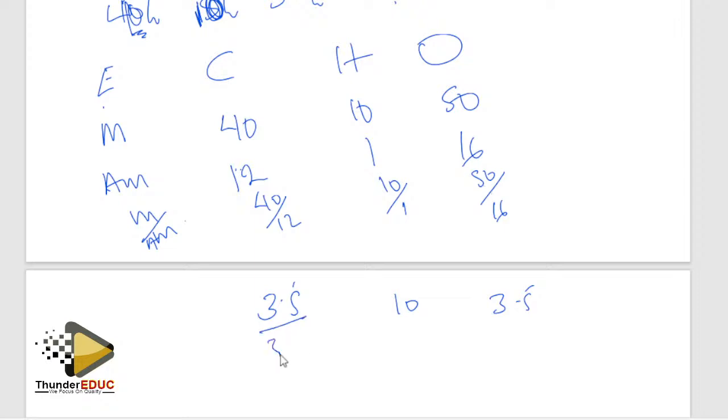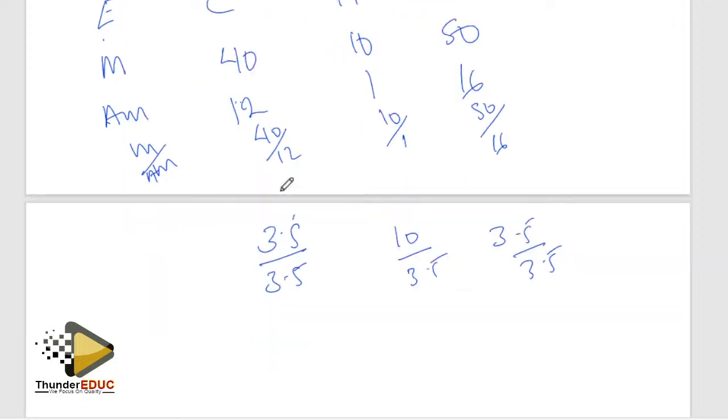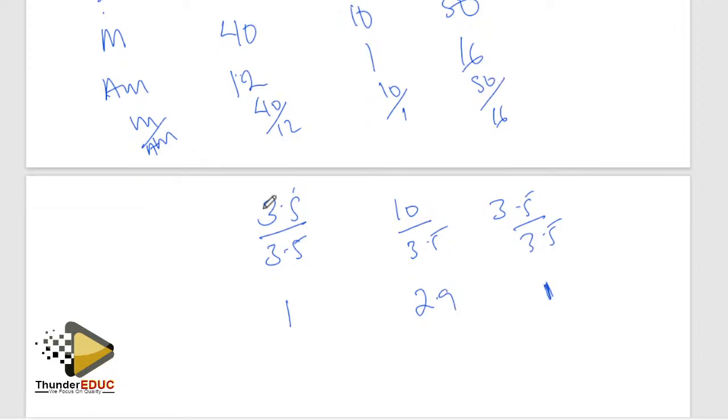So you divide by the smallest, 3.5. Here you get 1. Here you're going to get maybe 2.9 or 2.8, whatever, and here it's going to be 1. You understand?